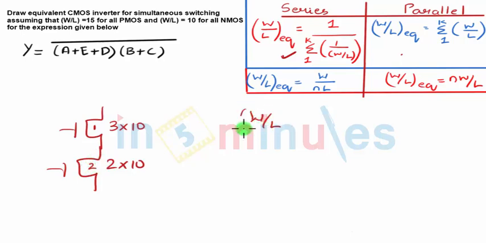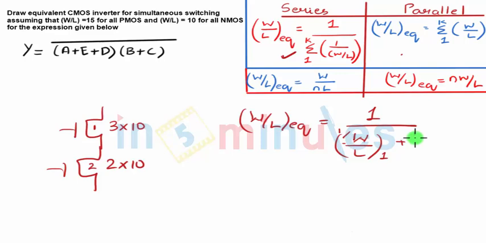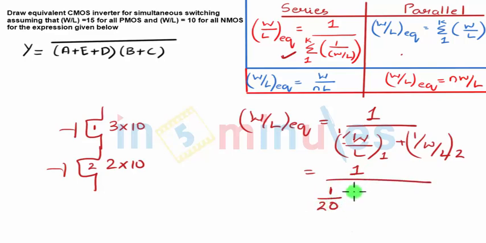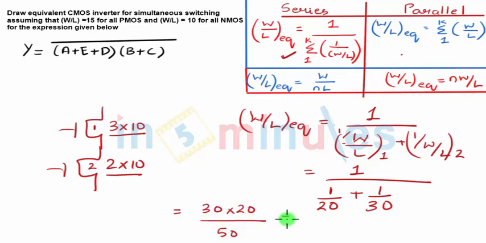So W by L equivalent is equal to 1 by, 1 by W by L of 1 plus 1 by W by L of 2, which is nothing but 1 by, 1 upon 20 plus 1 upon 30, because this is W by L 20 and this is W by L 30, which is pure maths from here. That is nothing but 30 into 20 upon 50, which is nothing but 12. So my W by L for NMOS equivalent is nothing but 12.